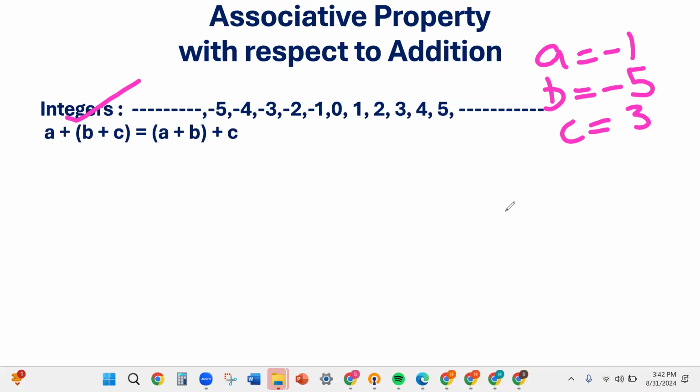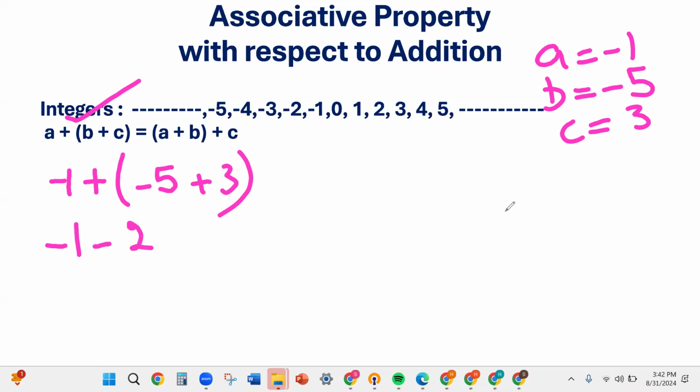The left-hand side, A plus B plus C: -1. The value of B is -5, and C is +3. Solve the bracket first. -5 plus 3 is -2. -1 minus 2 is -3.